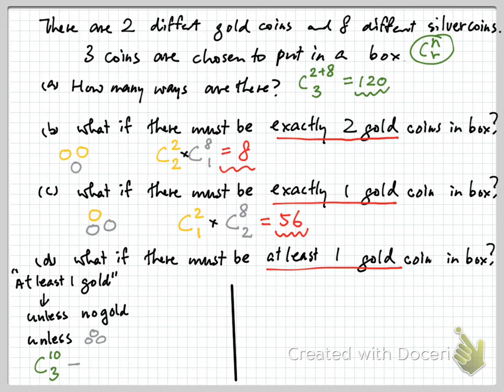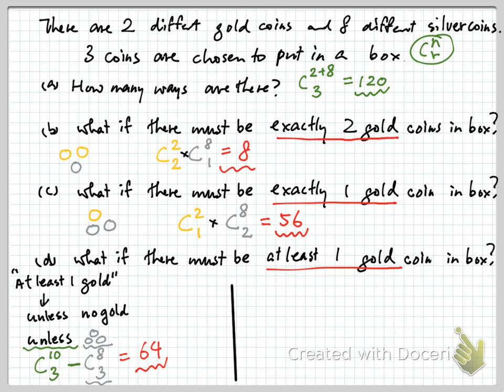To choose 3 silver coins out of 8, we have 8C3. We have 10C3 minus the all silver coin combination, and the answer goes to 64. There are 64 ways to have at least 1 gold coin.